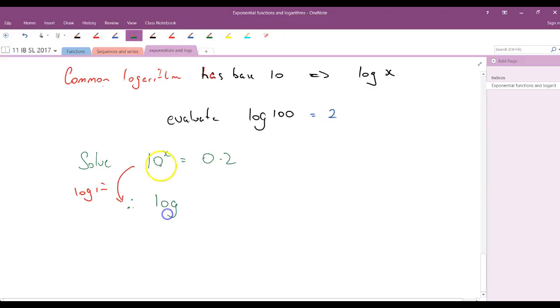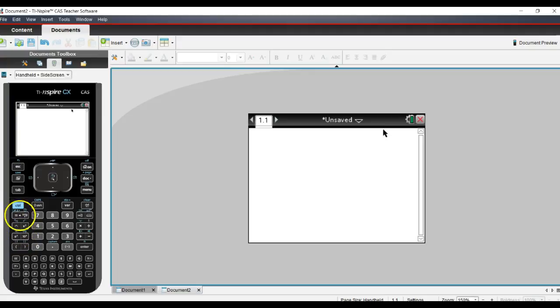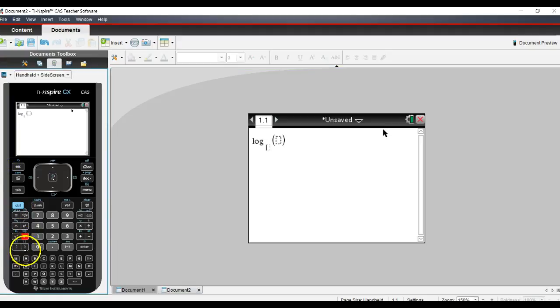So in goes log, my base is 10, so in goes 10 as my base. It's always 10 to the power of x, so this is the power of that. So my value of x is equal to log of 0.2. So we can go back in here, we can find this log button here, and we can put in 0.2.